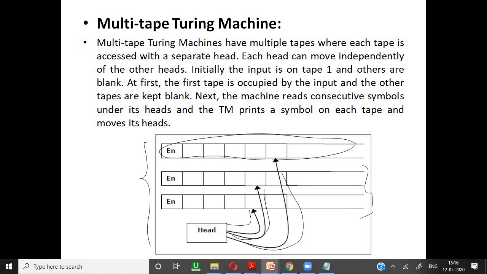Again we find the second a, second b, second c. So a's get changed to x, b's to y, and c's to z. Every operation is done on a single tape. If we perform it with more than one tape, it will be very easy to process and will take much less time to execute. That is the advantage of the multi-tape Turing machine.